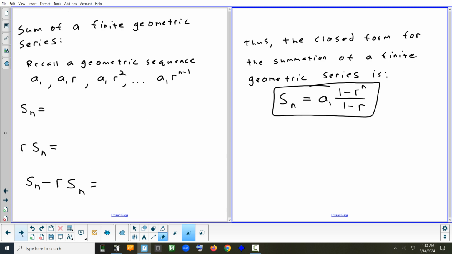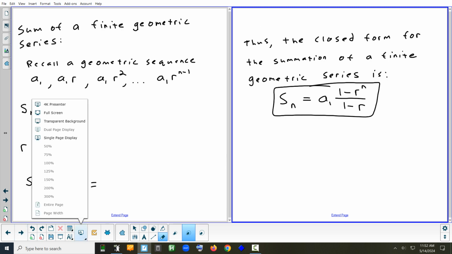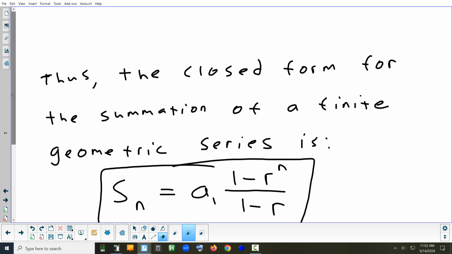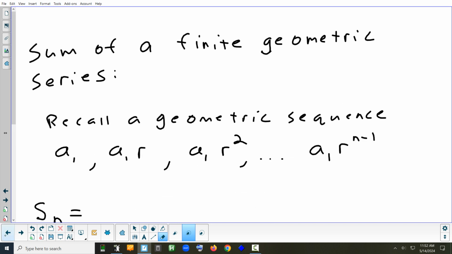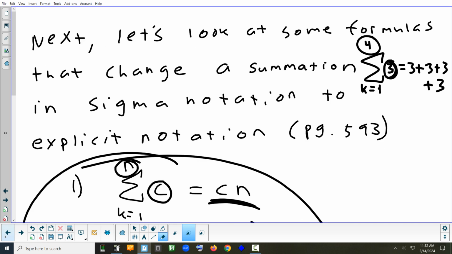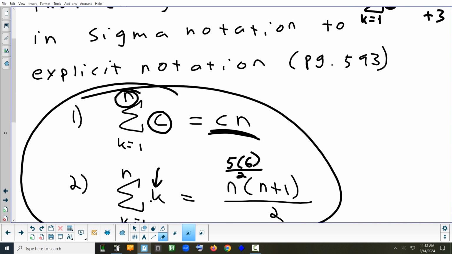Okay, so last question, last formula. So those patterns I showed you, I showed you 4 patterns. We're using 2 of them. You now know how to add up a constant over and over, and what the formula is for it.